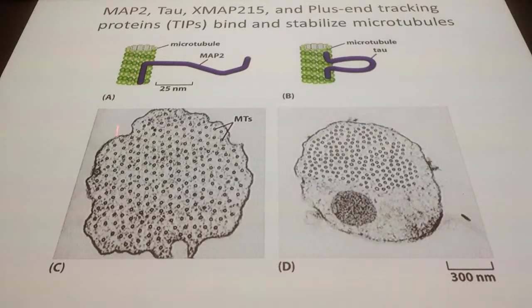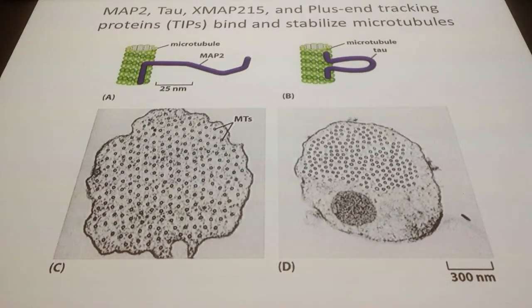So let's say the microtubule is this long. Then these proteins, either MAP2 or tau, it doesn't matter which one. If I mention MAP2 and tau, you know that these are proteins that bind to the side of the microtubule toward the plus end. They have a similar function as capping protein, but not exactly the same.